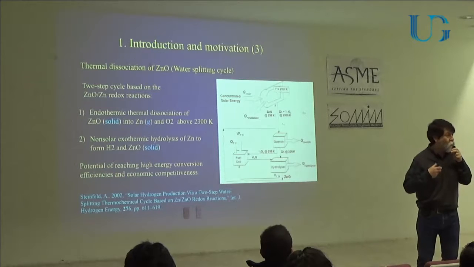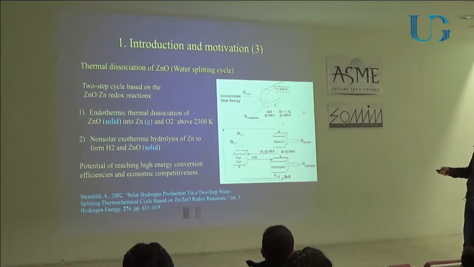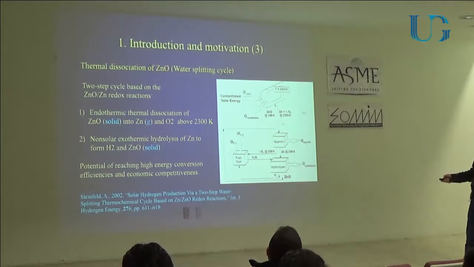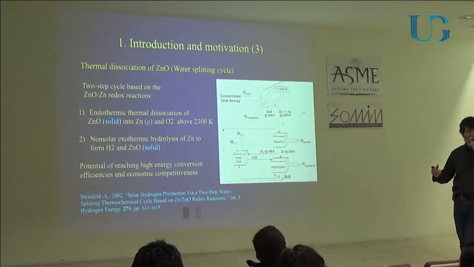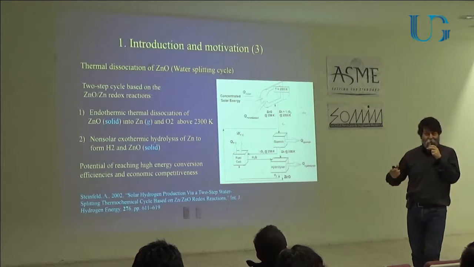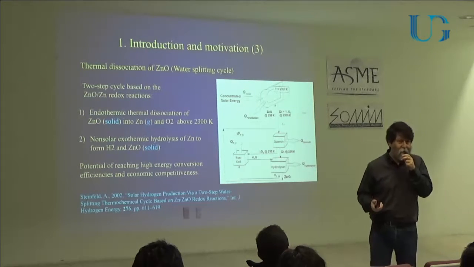Okay, so we are constructing a source of hydrogen using the sun as an input, and then the zinc oxide goes back to the reactor. So this is very good, because zinc oxide is kind of a catalyzer, and we are splitting water.